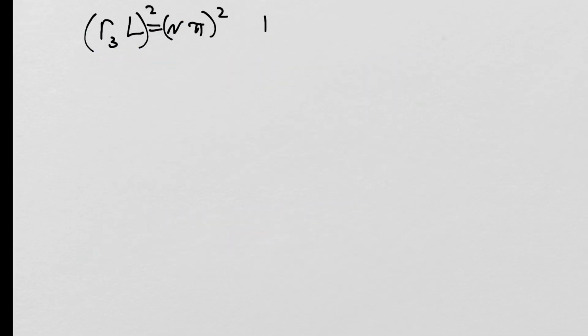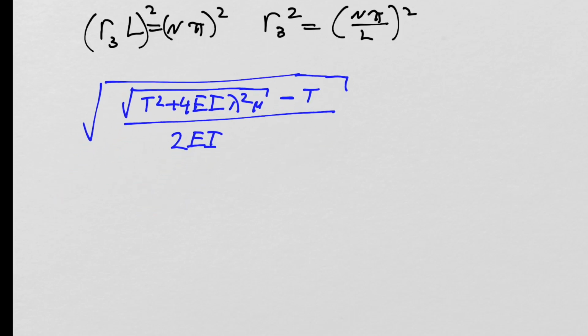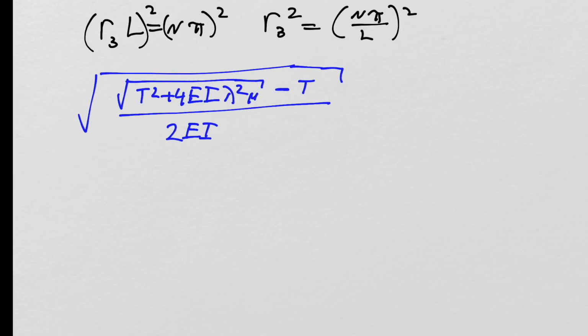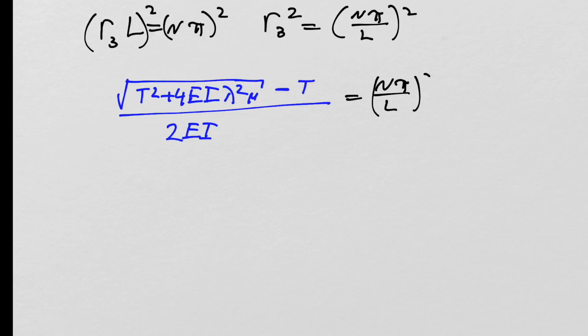So this gives us R3 squared equals n pi over L squared. So what is R3 squared? Well, R3 squared, if I got this right, is this thing with this square root erased, right?